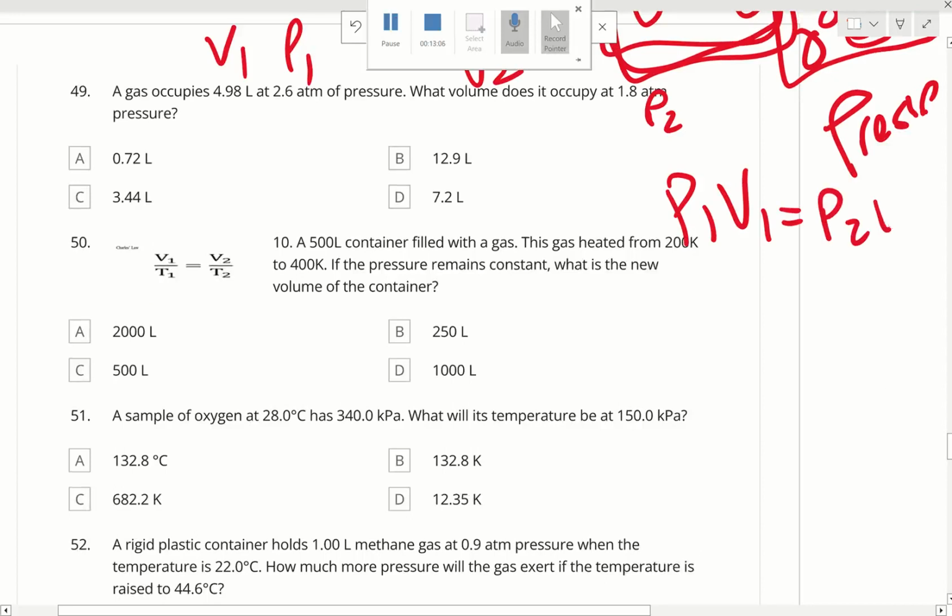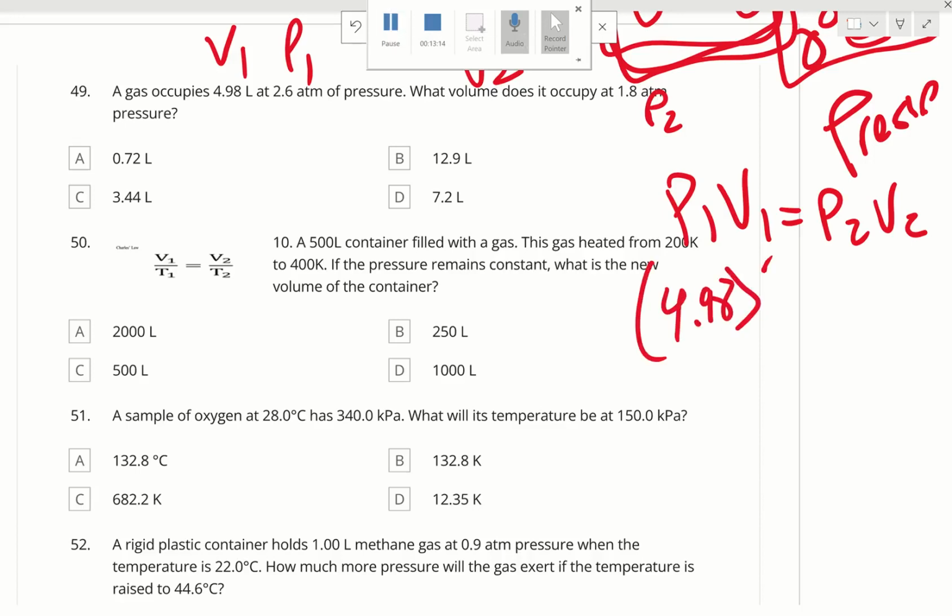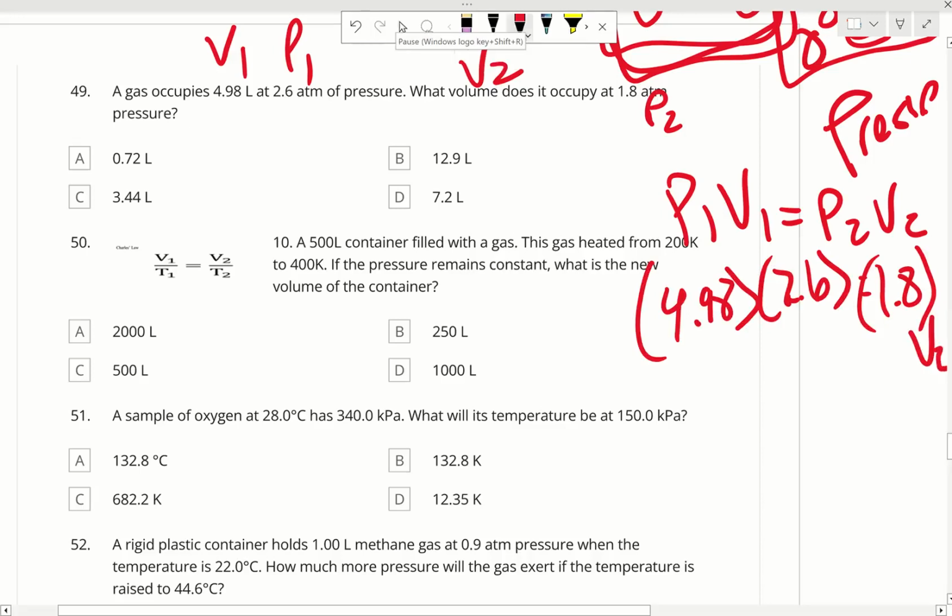P1 V1 equals P2 V2. So 4.98 times 2.6 equals P2 times, no, my P2 is 1.8, 1.8 times V2.